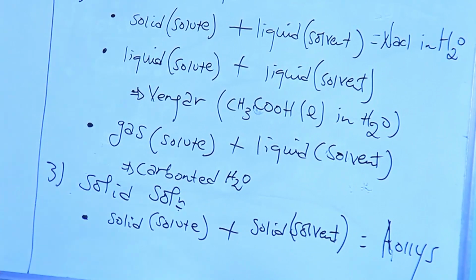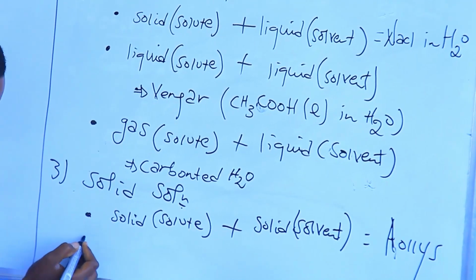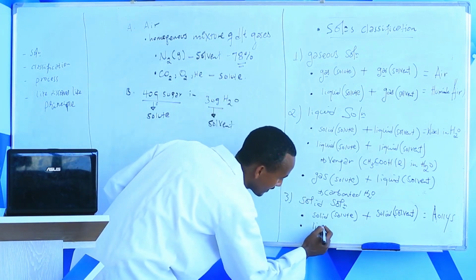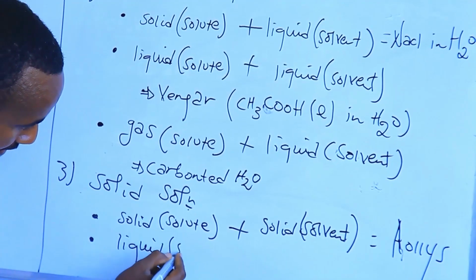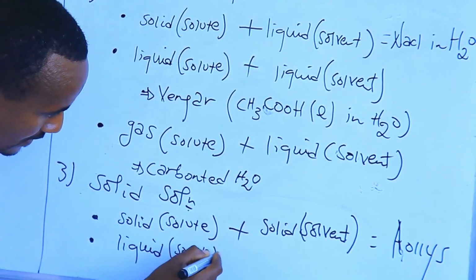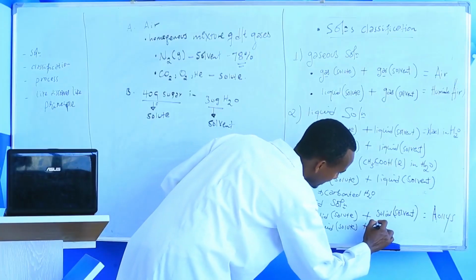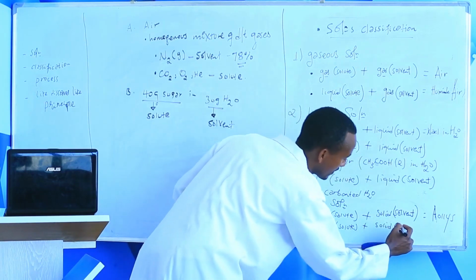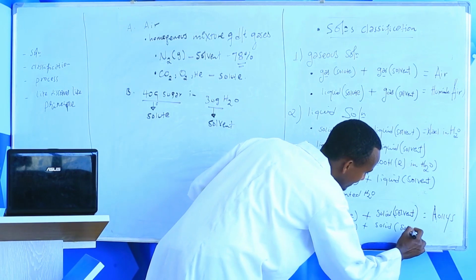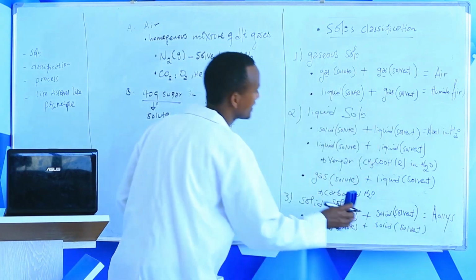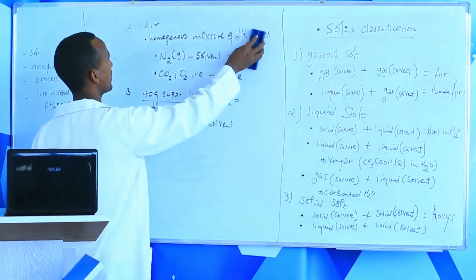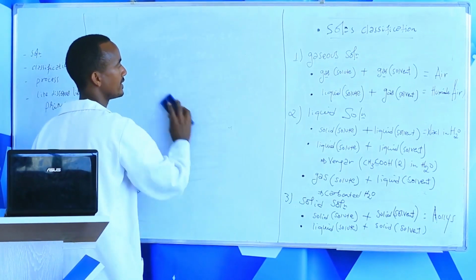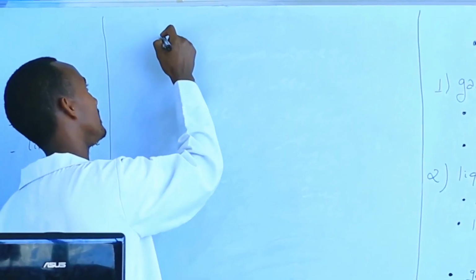Solid solution. And the last one is we can prepare a solid solution by dissolving a liquid solute in a solid solvent. A typical example for this one is dental amalgam.